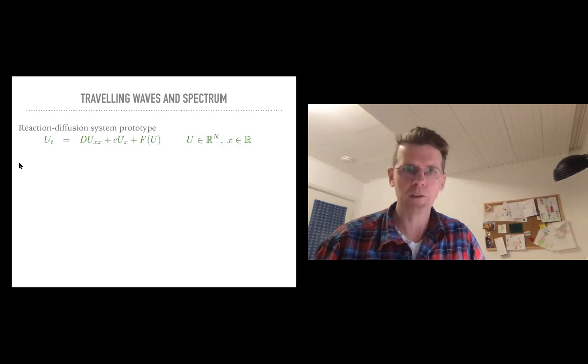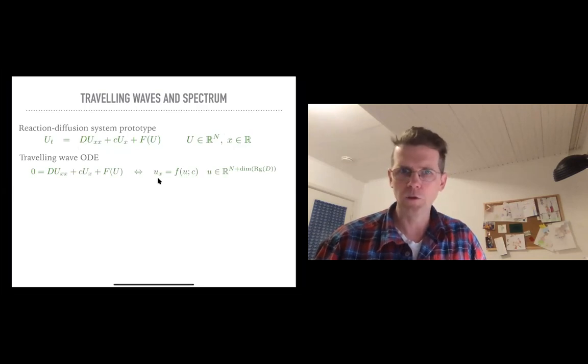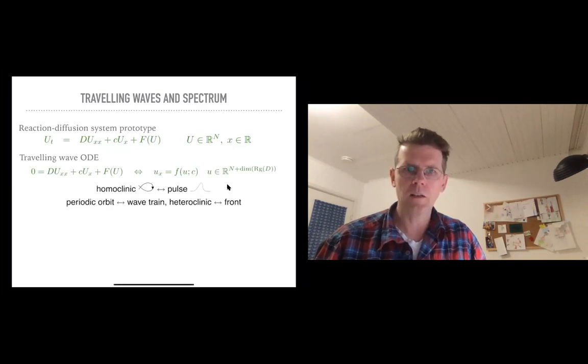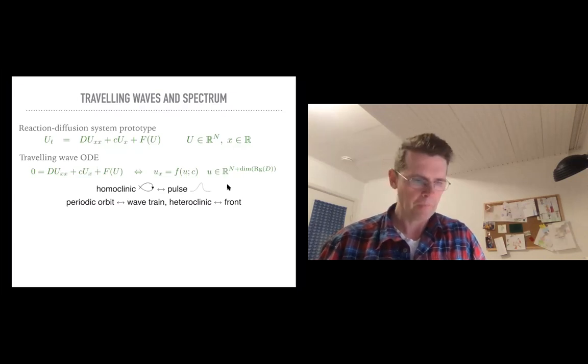So we look at abstract reaction diffusion systems with constant coefficients, diffusion matrix, nonlinearity, and some number n of dimensions. Then we get the traveling wave ODE as usual, which is in this first order form, an ODE in dimension n plus the dimension of the range of the diffusion matrix. The homoclinics of that ODE correspond to pulses in the PDE, periodic orbits to wave trains, heteroclinics to fronts, etc.